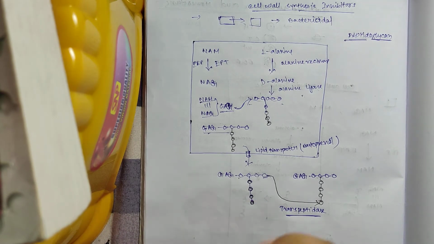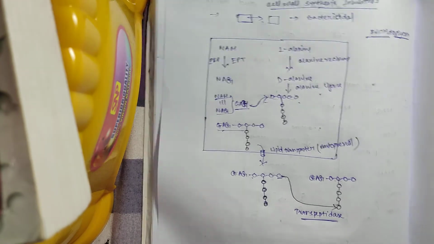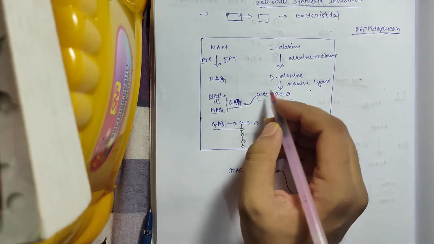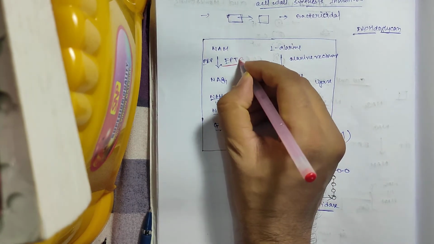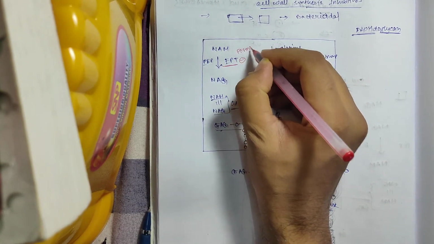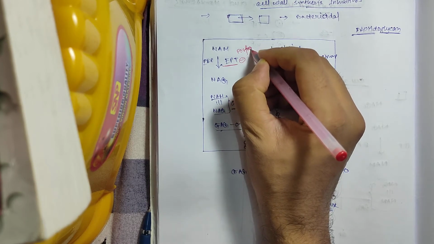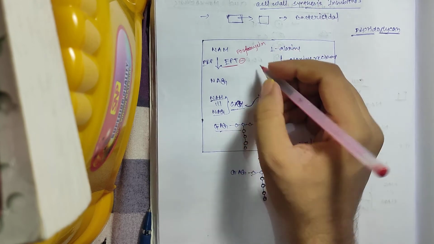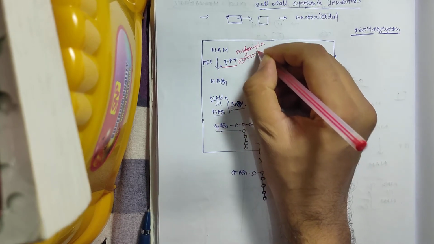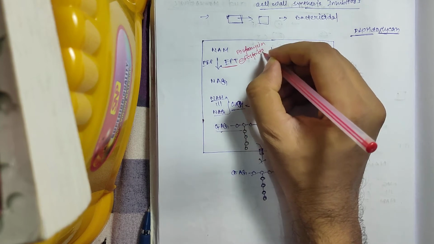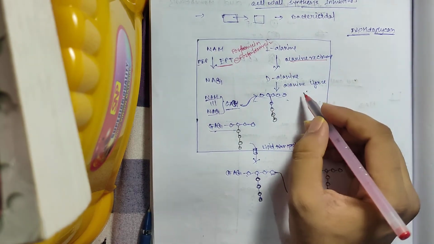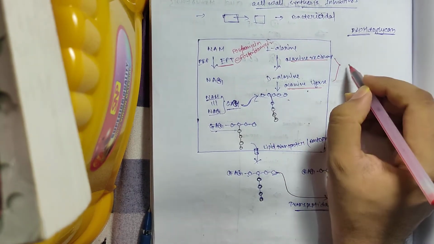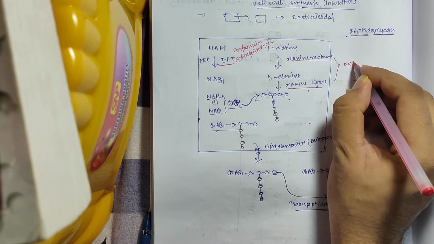So we should control it. How can we control it, right? There are certain drugs which inhibit the enzyme enolpyruvate transferase, like fosfomycin and phosphidomycin. These two enzymes, alanine racemase and alanine ligase, are inhibited by one drug, cycloserine.